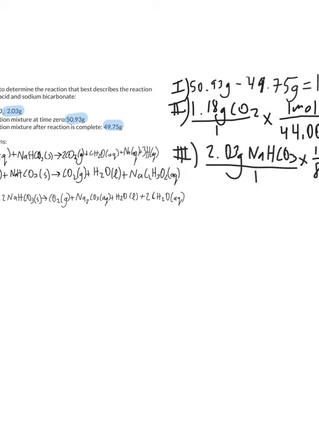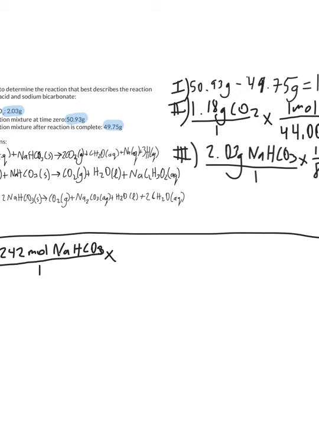For each possible reaction, we're going to find the amount of CO2 produced. So, for A, we'll start with our moles of NaHCO3, and then we will use the 2 moles CO2 per 1 mole NaHCO3 ratio to find our moles of CO2 produced.